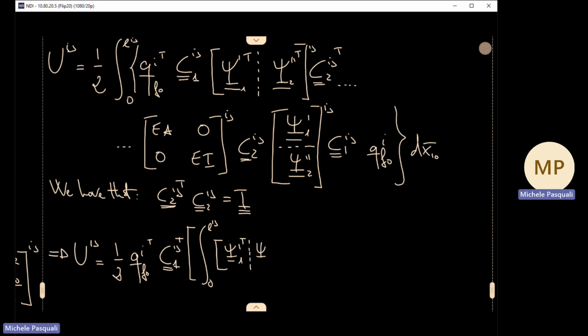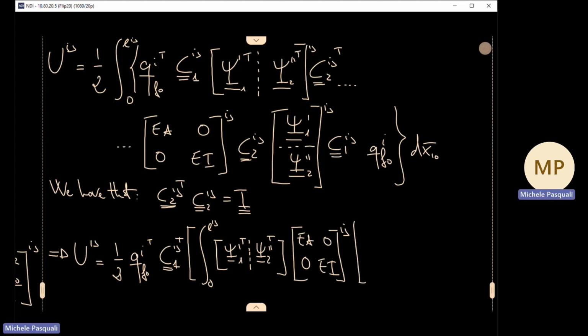Then we have psi2 derived 2 times transposed, applied over EA 0, 0, EI, everything again with the superscript ij.